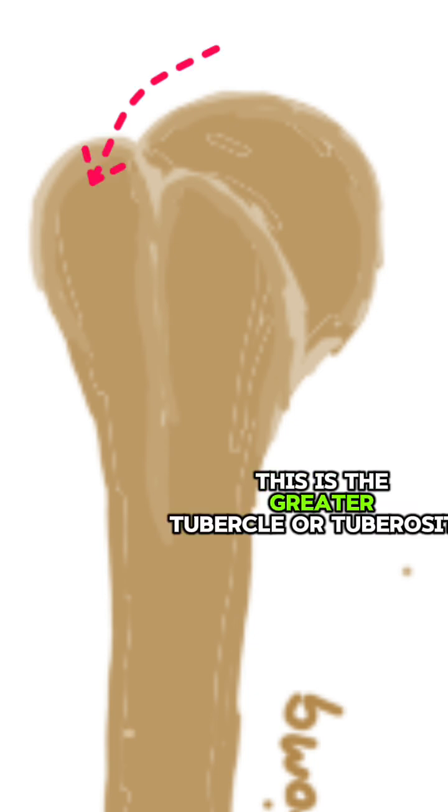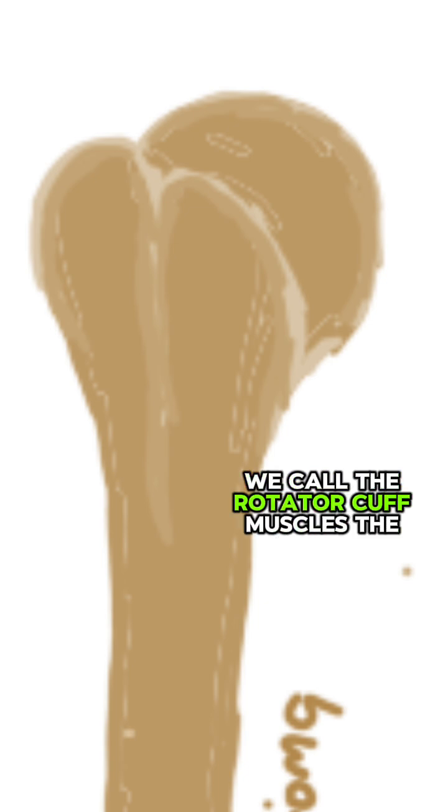This is the greater tubercle. This greater tubercle lies on the lateral side, and it is a large projection just close to the head of humerus. Three rotator cuff muscles attach on it. We call the rotator cuff muscles the SITS. Three of the SITS attach here.